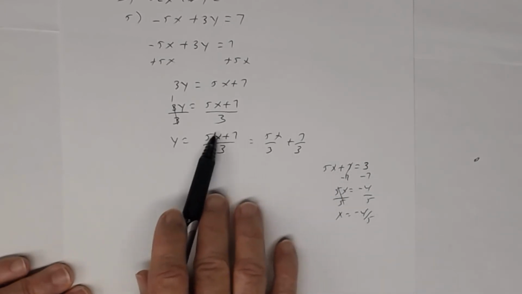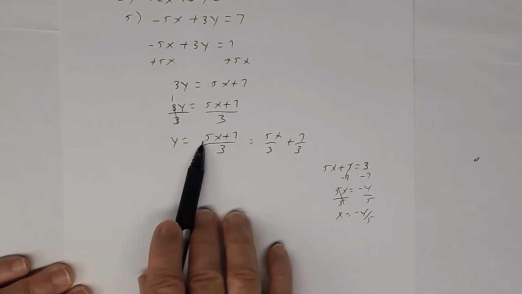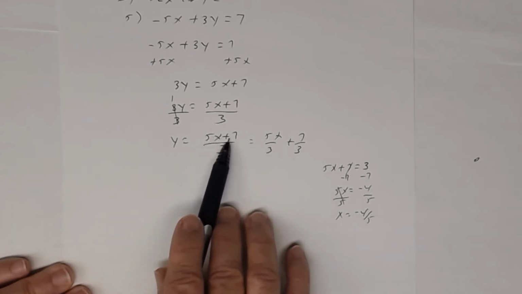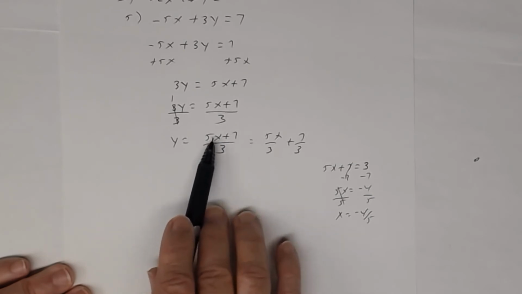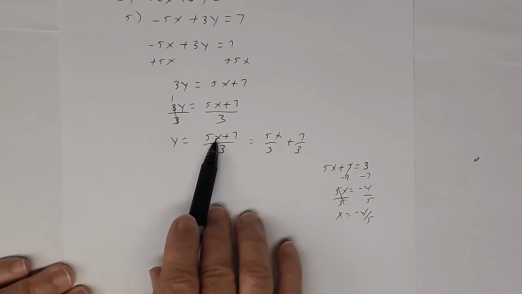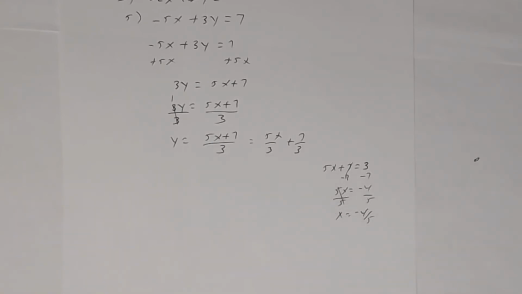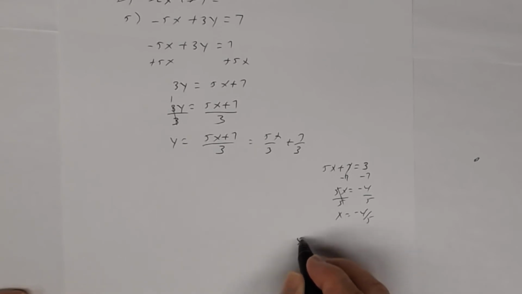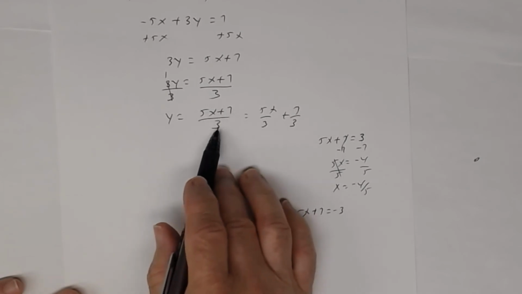So remember we said if you want this to be an integer, you're going to need to find a multiple of the numerator that's divisible by 3, where x turns out to be an integer also. Okay? All right, now, so let's go ahead, and instead of trying 3, let's try negative 3, see what happens. So I get 5x plus 7 equals negative 3, right? Because negative 3 is divisible by 3.